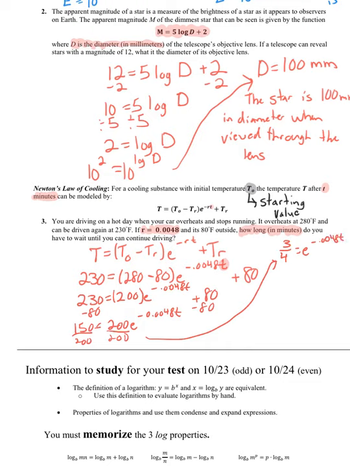Now, because I have a base e, I want to take the natural log of both sides. The exponent drops out in front. Natural log of e just becomes a 1, and the other side is still natural log of 3/4. Then the last part, I'm going to divide by negative 0.0048.